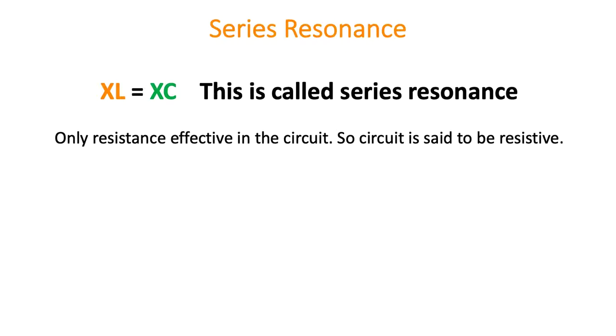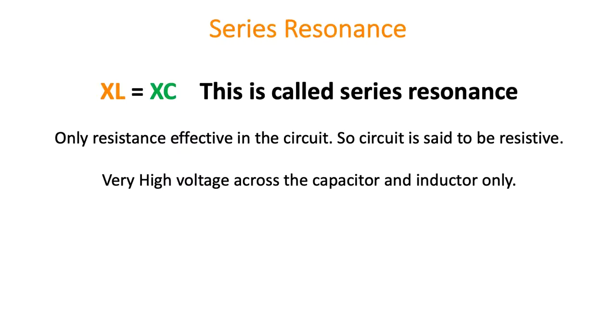Only the resistance is effective in the circuit, so the circuit is said to be resistive. Very high voltages will occur across the capacitor and the inductor only. Yes, the voltage across the resistor will go up a little, but nowhere near as dramatically as across the capacitor and the inductor. And of course, this is dangerous to human life and can cause the capacitor and/or the inductors in the circuit to fail.